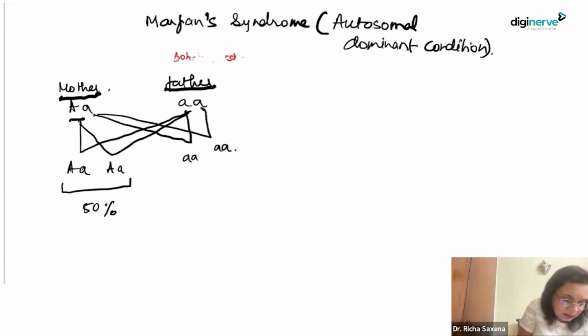So these two would be normal, and 50% of her progeny would be abnormal and will manifest the condition. And this will hold true for any autosomal dominant condition. So you need to know the pedigree chart for autosomal recessive, autosomal dominant, and X-linked recessive. For sure, they will ask one or two questions pertaining to this.